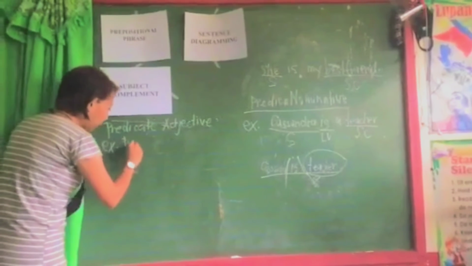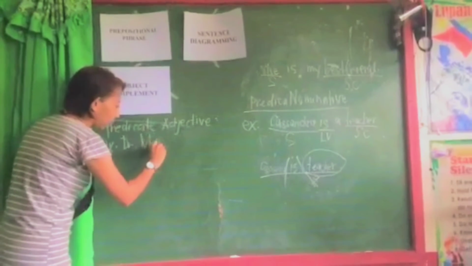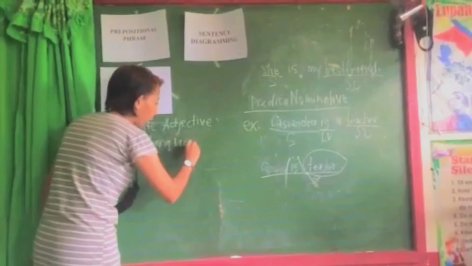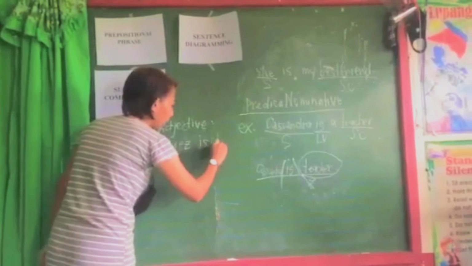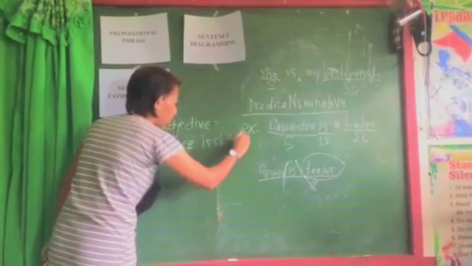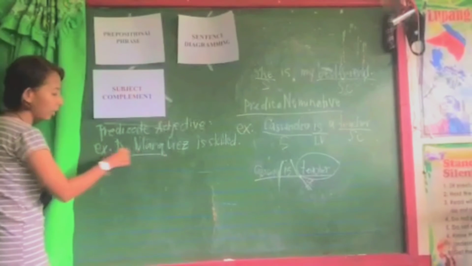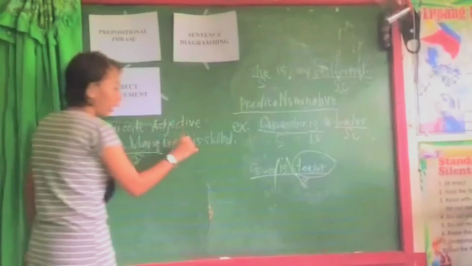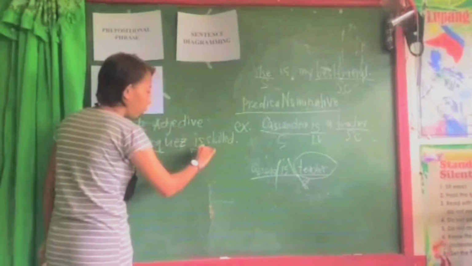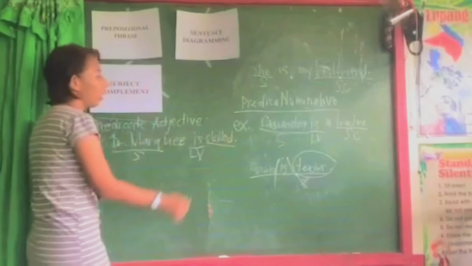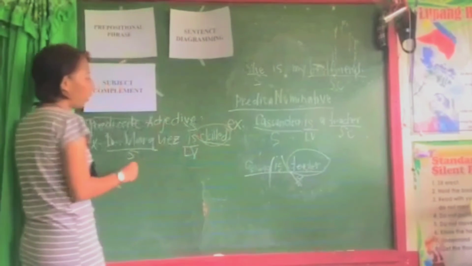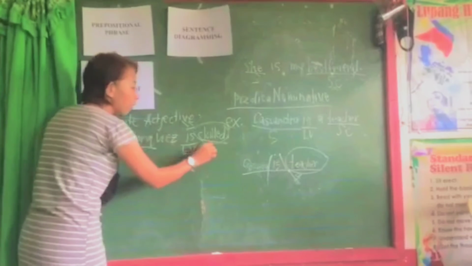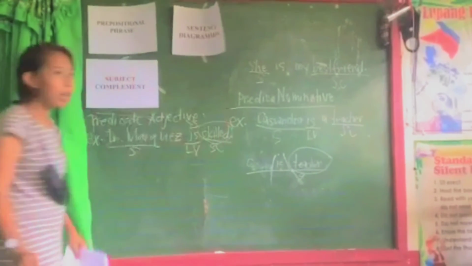Dr. Marquez is skilled. We have Dr. Marquez as our subject, is as our linking verb, and skilled, okay, skilled is an adjective, but it will stand as the subject complement of the sentence.